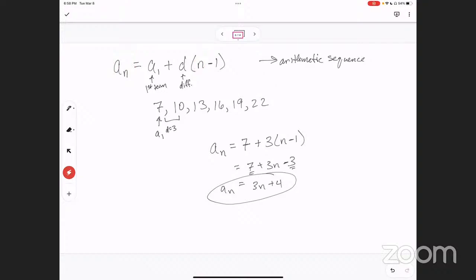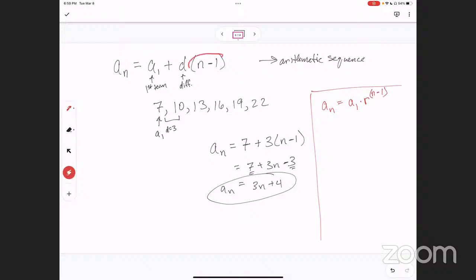And then geometric sequence is not much different. A geometric sequence, I'll try to fit it on this page. Instead of a common difference, it's a common ratio. So a sub n equals, you're going to have your first term, but then you're going to multiply it by your common ratio to the n minus 1 times.